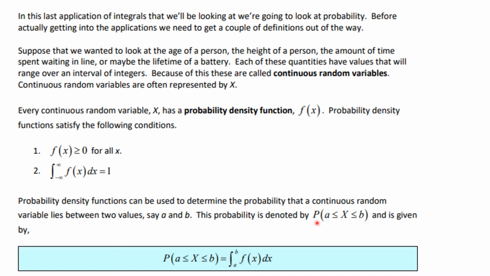The probability that x lies between a and b, P of a less than or equal to x less than or equal to b, is equal to the definite integral from a to b of f of x dx. This is the real definition of the density function, and this means it's a reasonable density function.